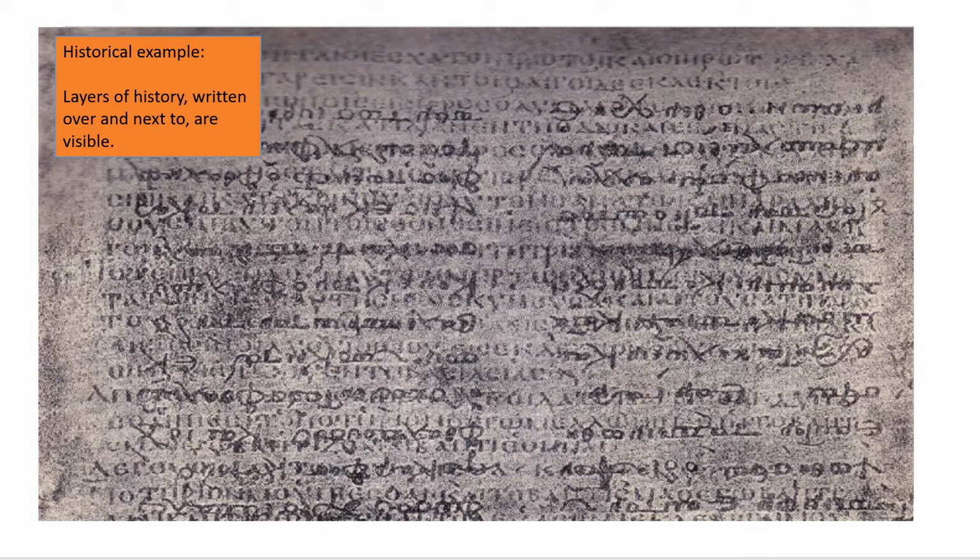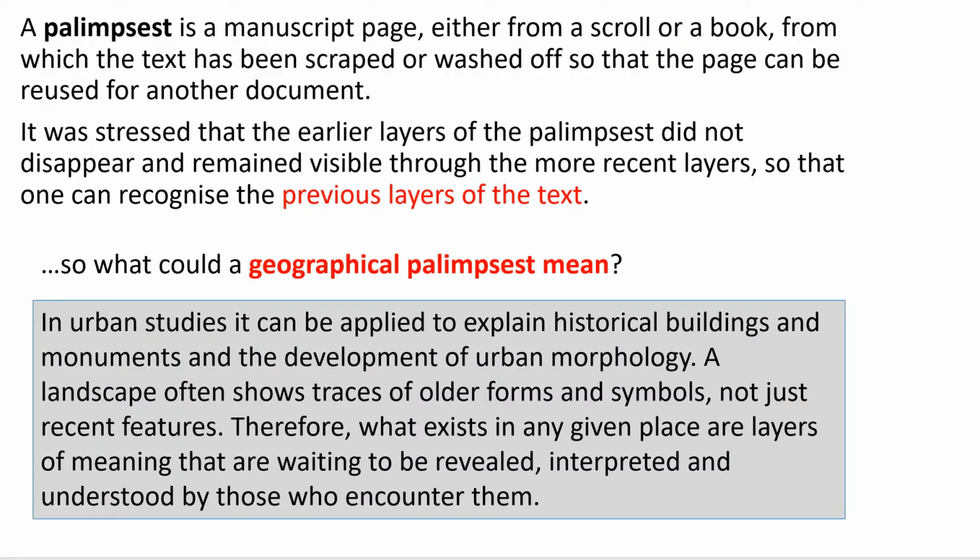So this is shown as layers of history written as text upon each other, whereas although new layers are visible, you can still see the historical layers beneath it. And obviously this term palimpsest can be used to describe place.